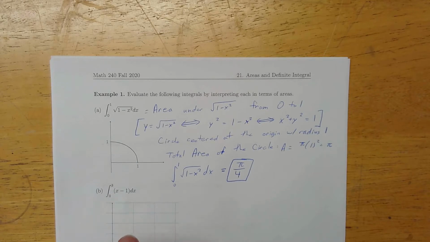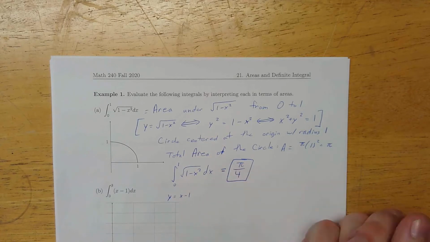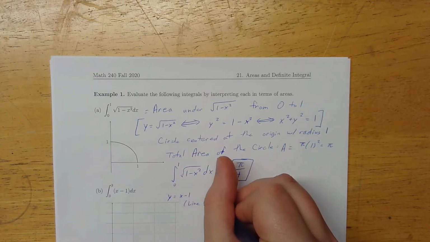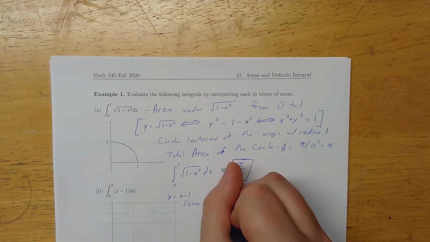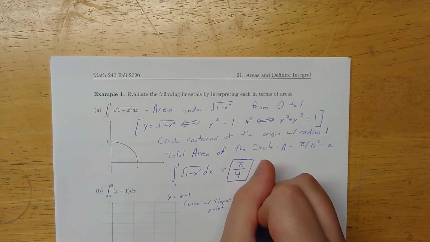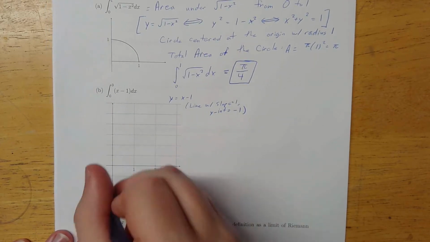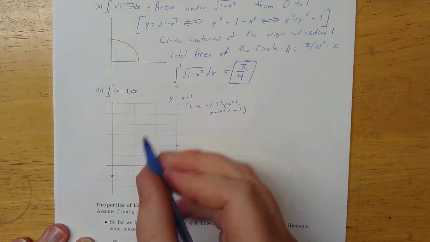What if we had instead the integral from 0 to 3 of x minus 1 dx? Well, this is just y equals x minus 1. So it's a line with slope 1 and y-intercept equal to negative 1. So if we wanted to plot that line, we'd have here, here, here, and here is our points.